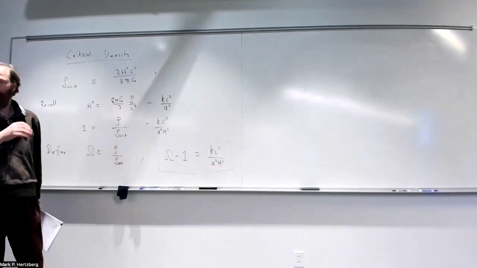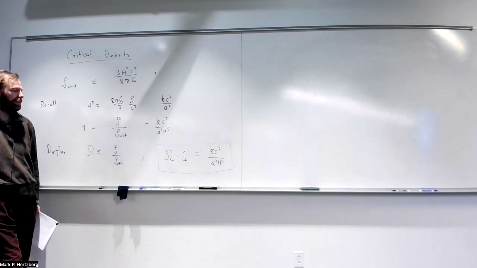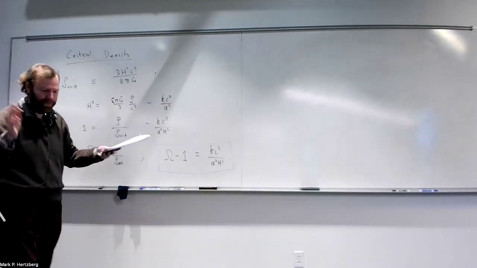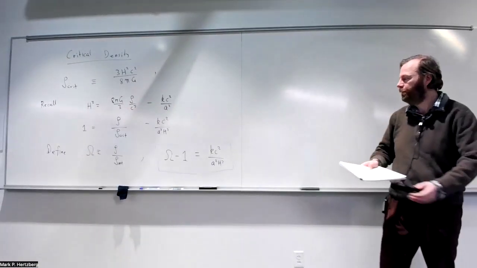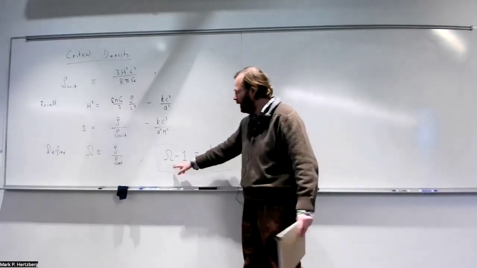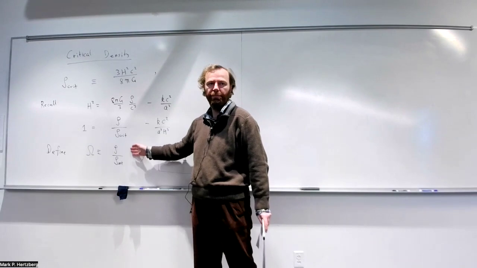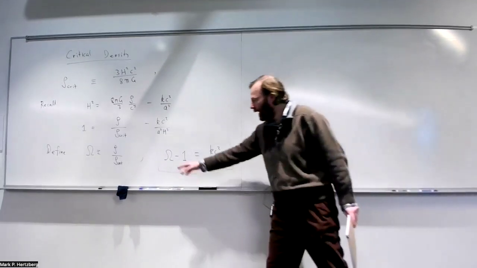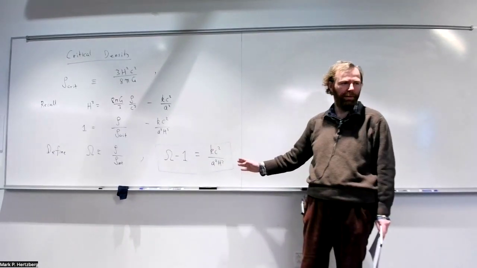It's good to have dimensionless measures of things. You don't want to, in cosmology, drag around all the c's and the G Newtons and the Hubbles, and they're all wildly different values depending on your units. But here we have this omega, some dimensionless measure of density, normalized to the critical density. And we see that if it happens to be 1, as I said, that's the flat universe. That's just a rewriting. Is that okay?